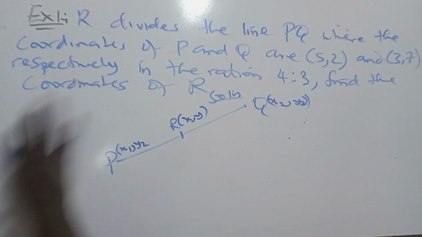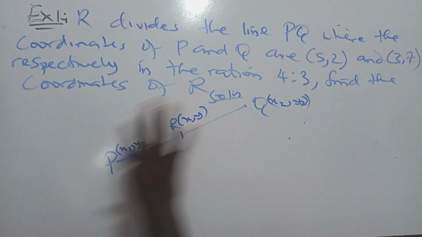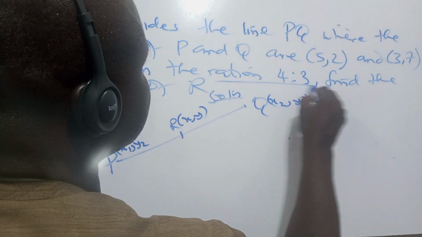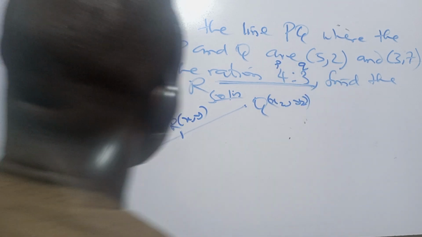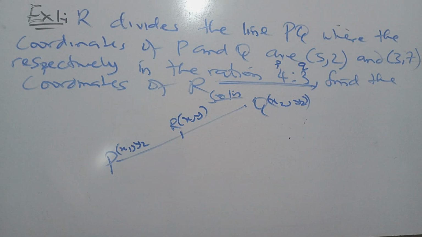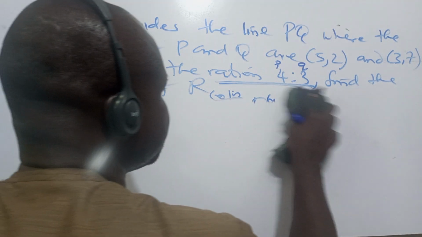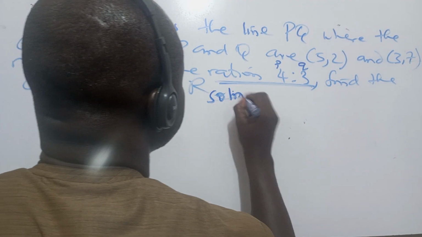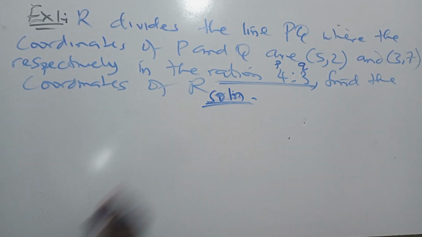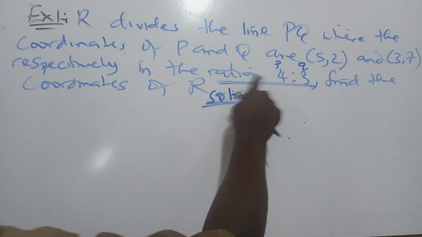But in this case, the line is divided in such a way that it depends on the ratio. This 4 is P, then Q is 3. So how do we find the coordinates of R, the point of division based on this ratio?